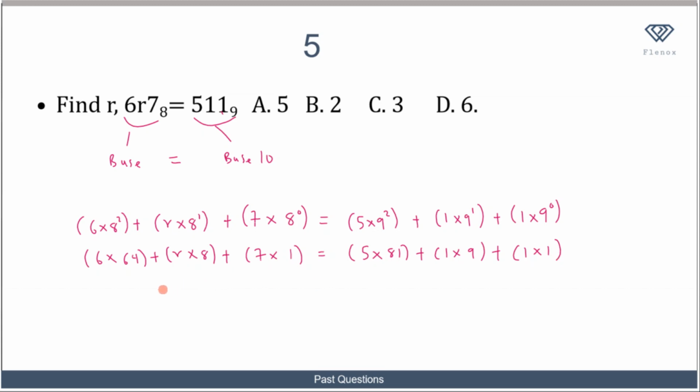So we simplify. 6 times 64 is 384, then 8 times R is 8R, then plus 7 times 1 is 7, must be equal to 5 times 81 which is 405, 1 times 9 is 9, and 1 times 1 is 1.